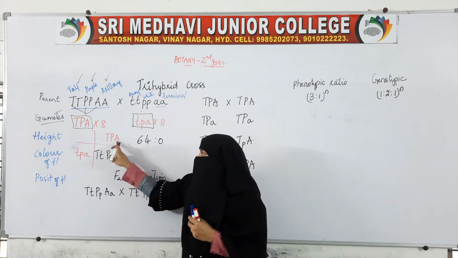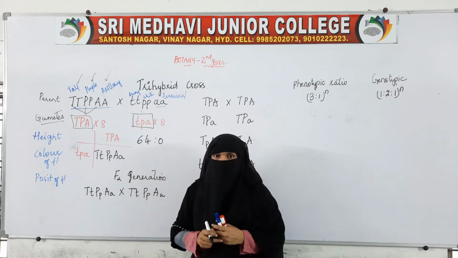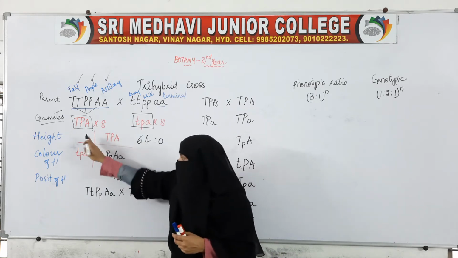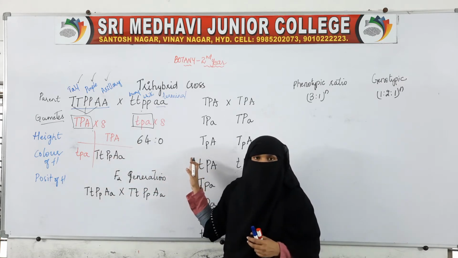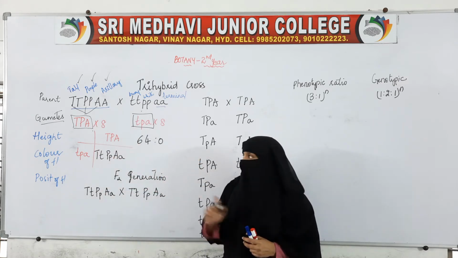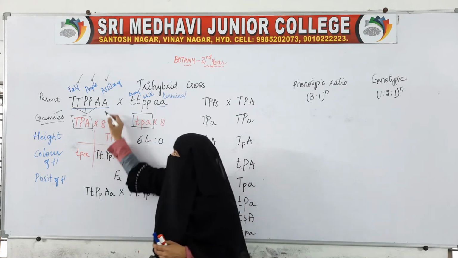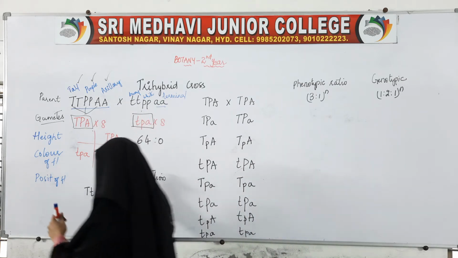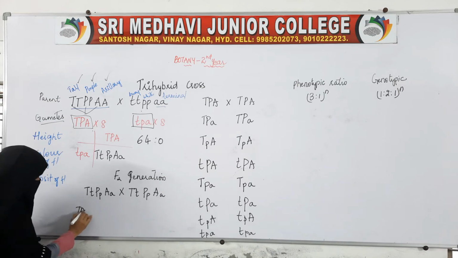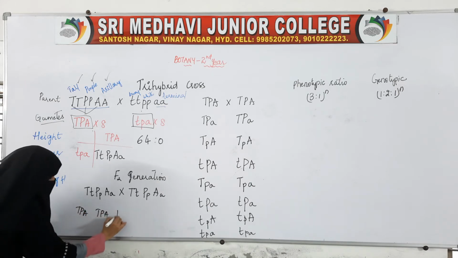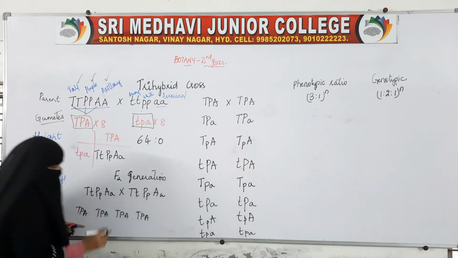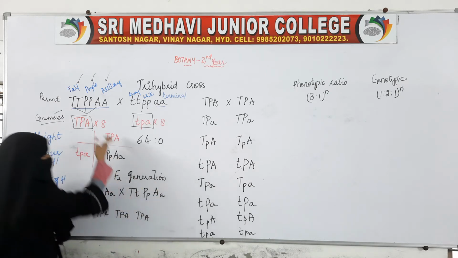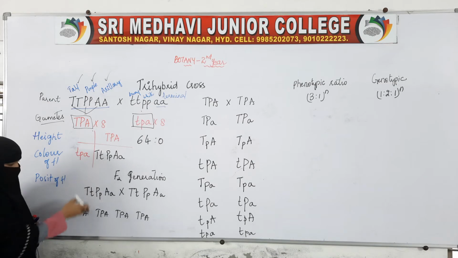So if we make a cross, this 8 at one side and this 8 at another side. If we make a cross with this 8, I'll write here TPA, TPA, TPA, TPA. So like this 8 on one side and 8 on the other side.